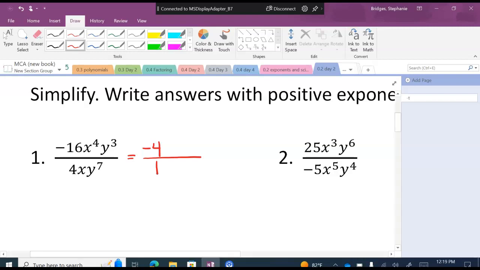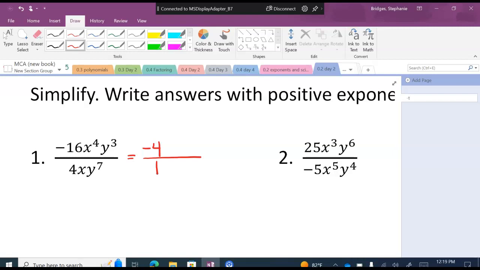Now, yesterday we learned a rule about when we are dividing with the same base that we keep the base and we subtract our exponents. However, I found that gets a little complicated when we're dealing with these fractions. So this is kind of how I think about it. We're still technically subtracting, but we're doing it mostly in our head. What I want to ask you first is, how many x's do we have in the top part of our fraction? We have 4. X to the 4th means 4 x's, right? Okay.